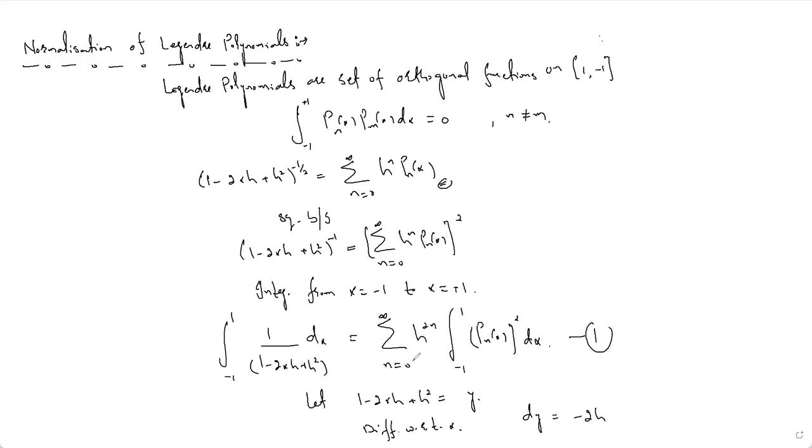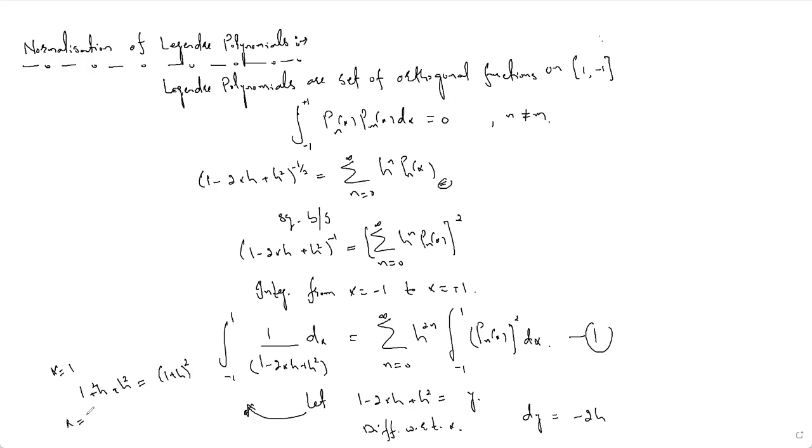Now the limits will also change. When x is equal to -1, y becomes 1 plus 2h plus h square, or I can say (1 plus h) whole square.